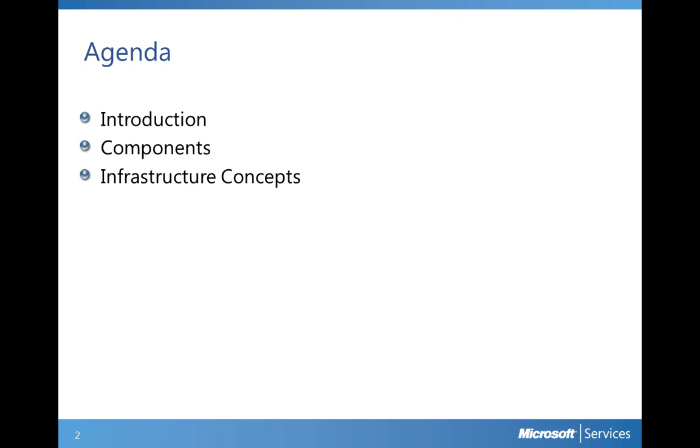Also, the topic of application deployment is very large in Configuration Manager. It's one of the key things that Configuration Manager is used for. So when we say application deployment, that is a very specific type of deployment scenario in Configuration Manager.